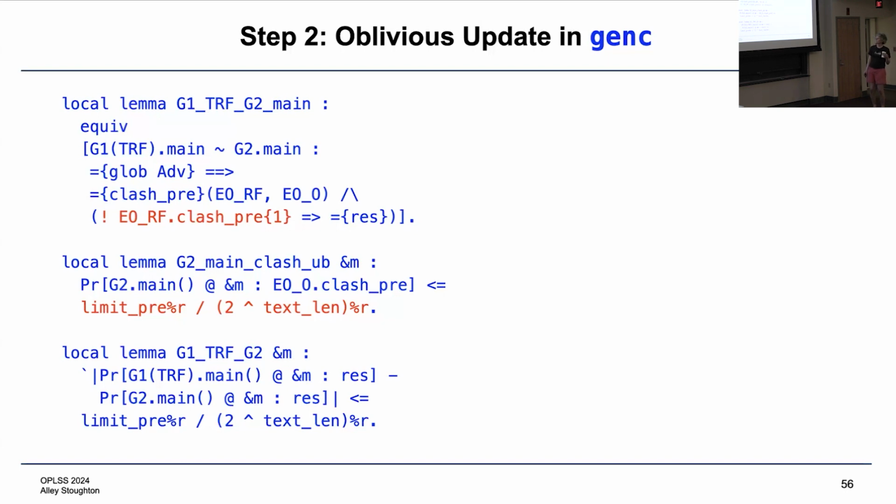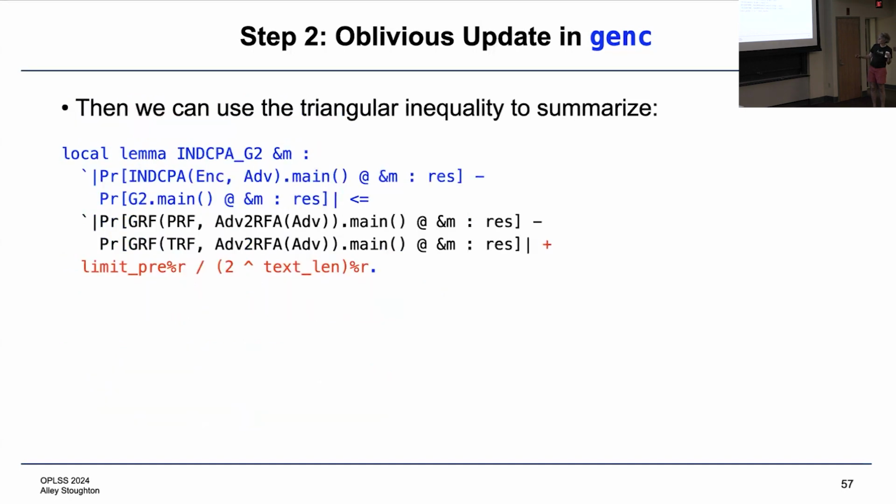And if we put this together with what we had before, we can go all the way from here to there, and our overall upper bound is the one that we had before for the PRF to TRF step, plus this new step. So we've made a little progress. Now we're on to this G2, and our bound has gotten worse, but that's okay.